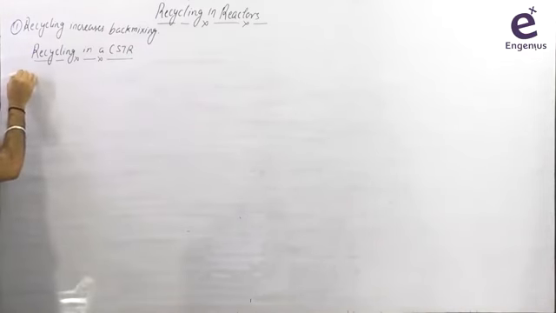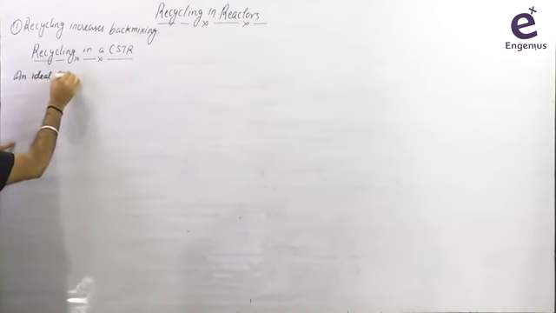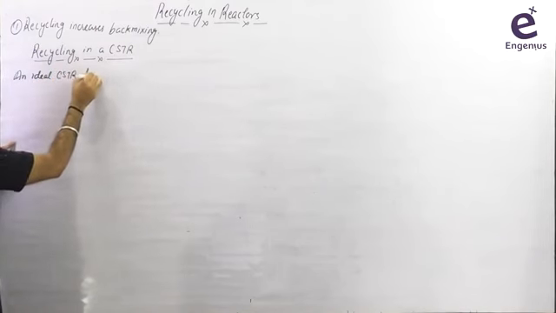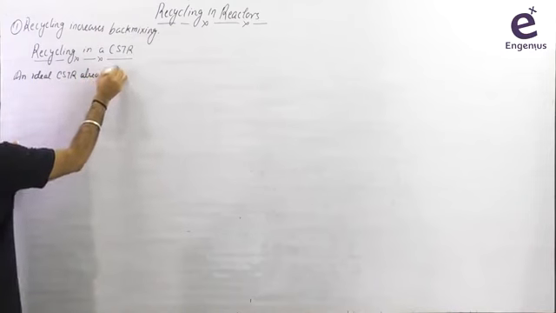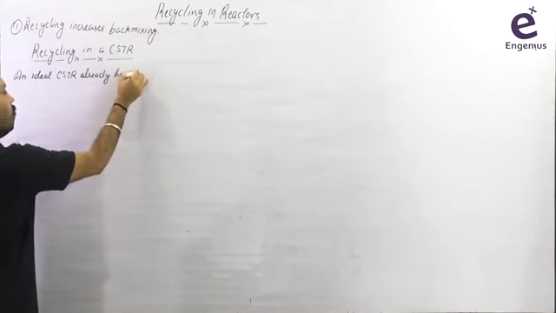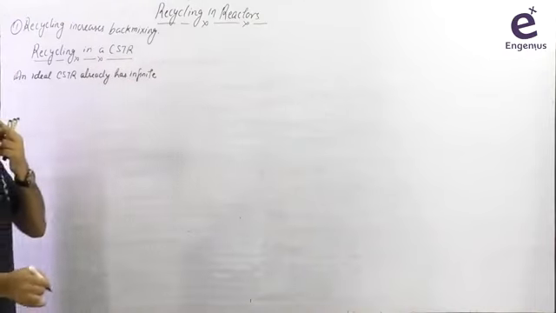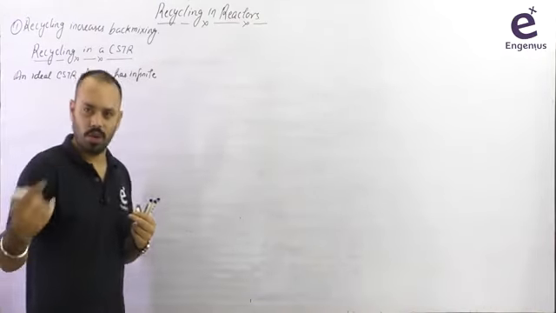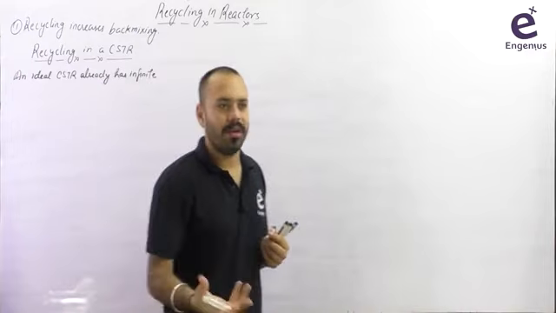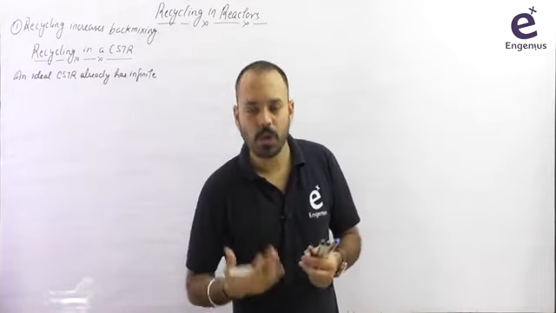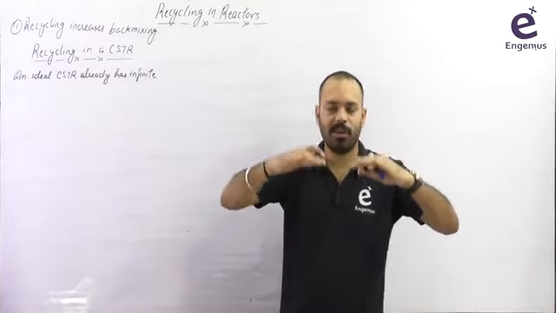An ideal CSTR already has infinite mixing. And what does mixing do actually? I told you that mixing leads to uniformity. Whenever you do mixing, it leads to uniformity and a decrease in the concentrations.